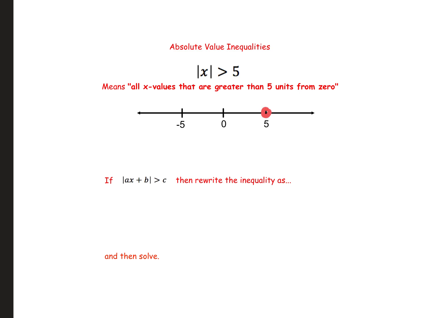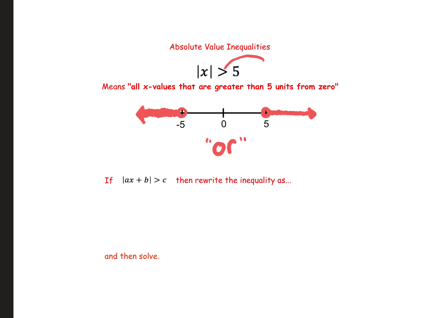So everything that's more than 5 units away from 0 would be all of these things after 5, so like 6, 7, 8, 9, 10, 11, 12, and so on. And everything on this end also, -6, -7, -8, -9, -10, all of those numbers are also more than 5 units away from 0. And so this resembles one of our OR compound inequalities, okay?